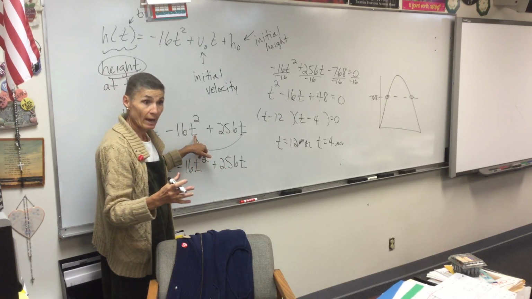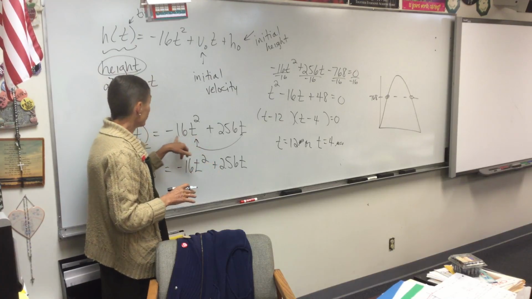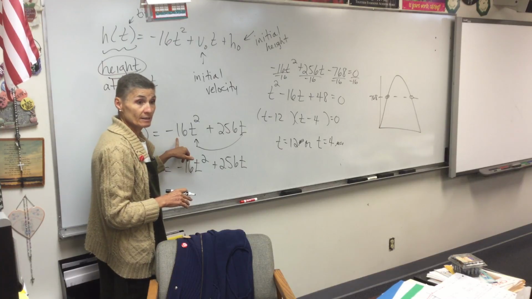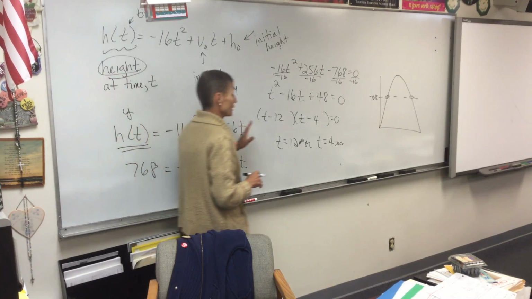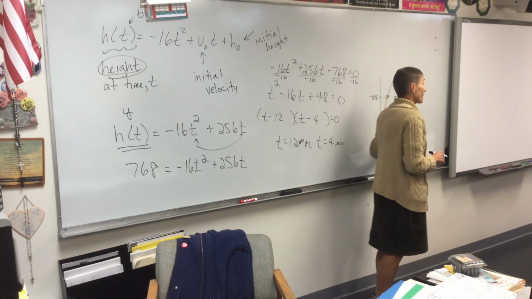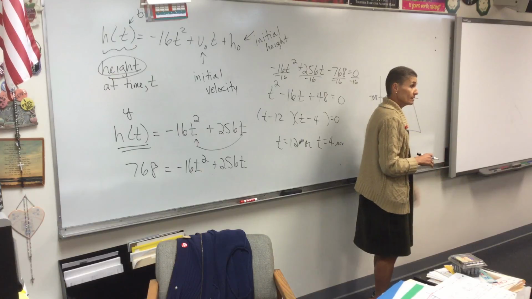They are always parabolas. I think I mentioned that the other day. They're always parabolas. When you put a negative in front of it, it's a parabola opening down. Certainly that makes sense to you in context of throwing an object up into the air. It goes up and then it comes down.